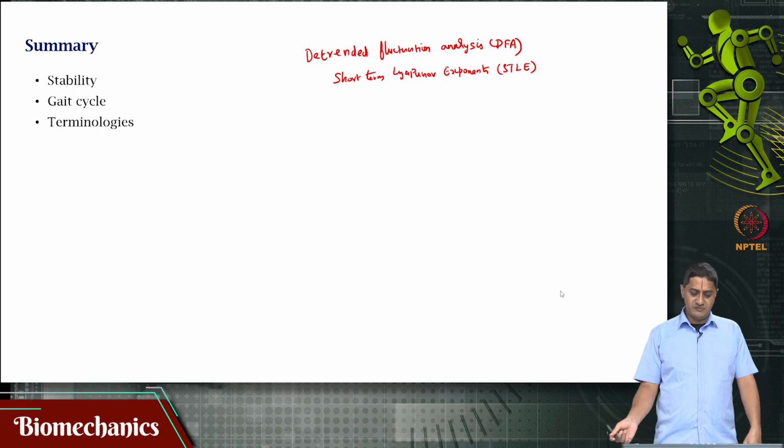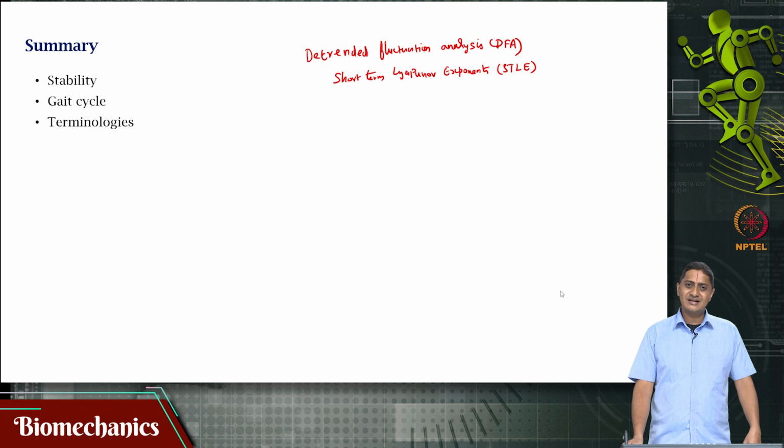So, people have used this short term Lyapunov exponents to determine how many steps are affected by the current step, or rather the past how many steps are affecting your current step, right. So, there are these kind of time series based analysis that could also help us classify healthy gait and pathological gait. I am not going into the details of these, but do check this out, right.